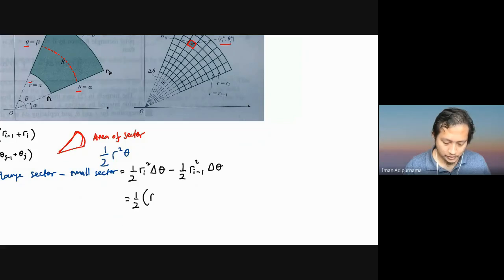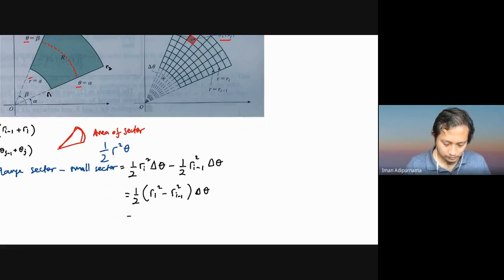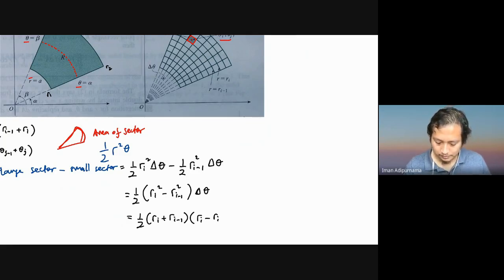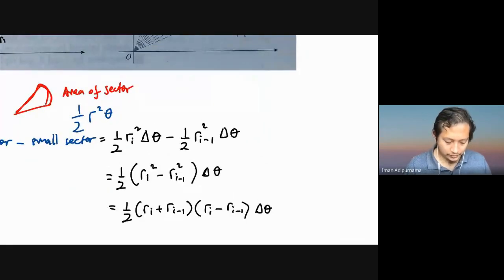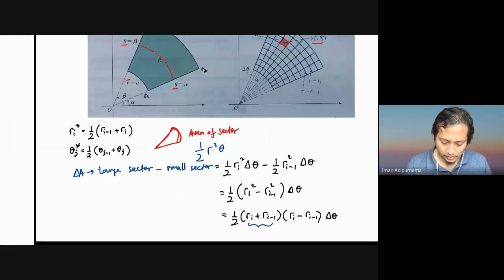So we have the difference on this R, and we can factorize the quadratic. And let's define these terms here as this, right?